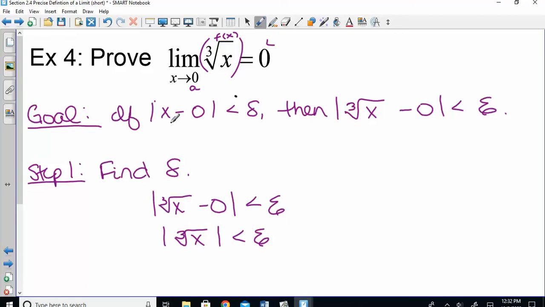Now, x minus 0 is the same thing as just x. How would I get rid of the cube root? Cube it. So that means the absolute value of x is less than epsilon cubed. And again, I want the absolute value of x because the absolute value of x minus 0 is the same as the absolute value of x.